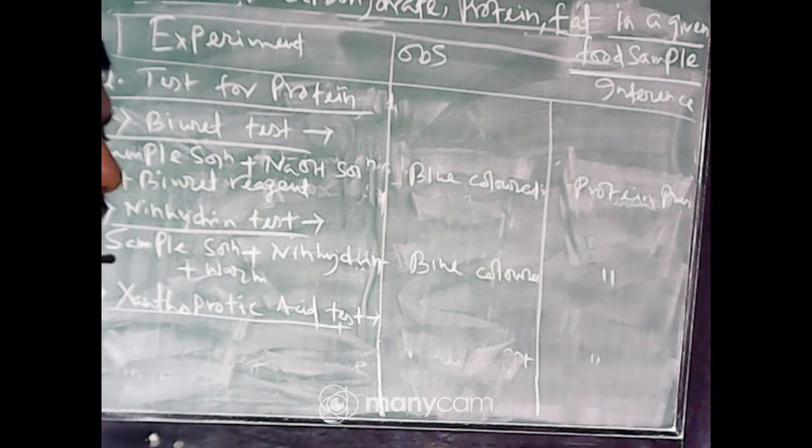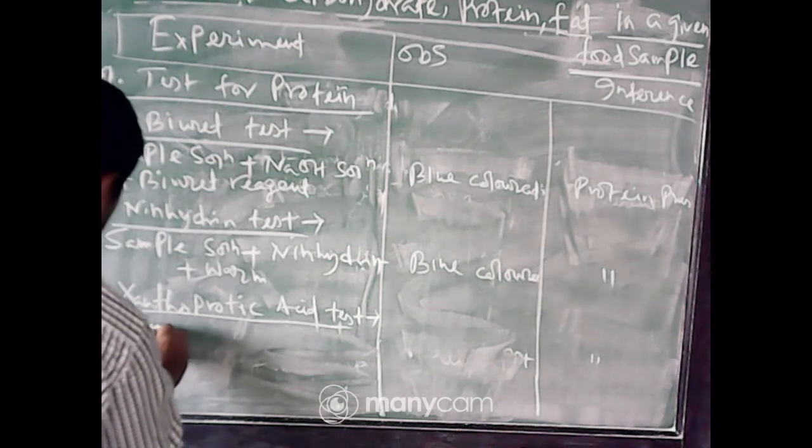It will give you a reddish color. This is the Benedict test. Now the preparation of Benedict reagent is difficult. It contains sodium carbonate, copper sulfate, sodium citrate, etc.